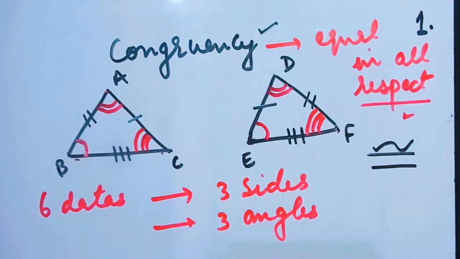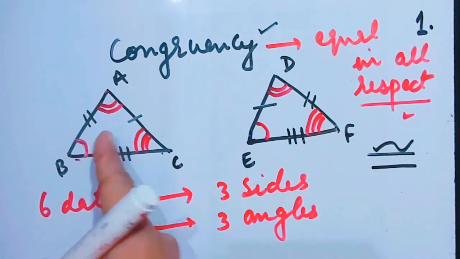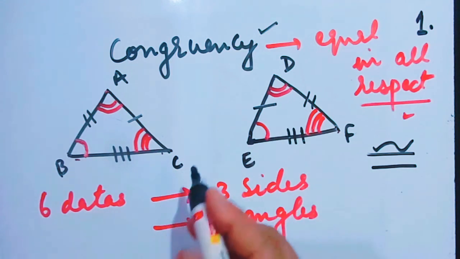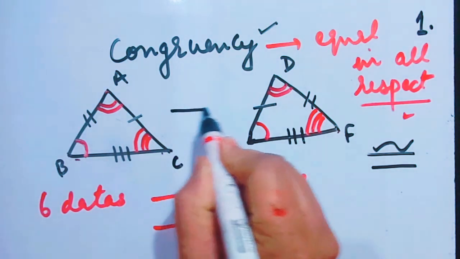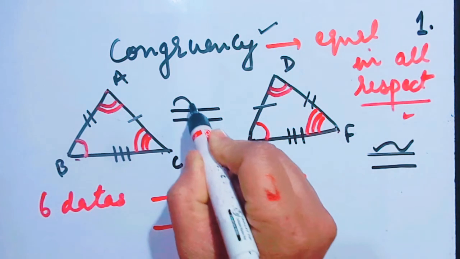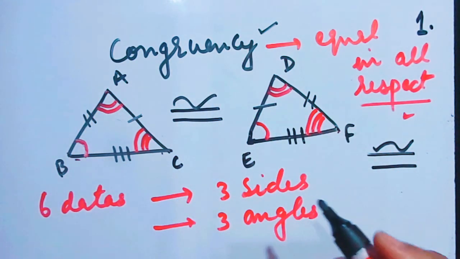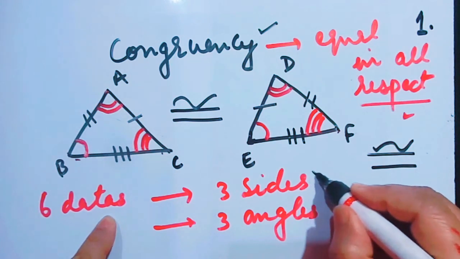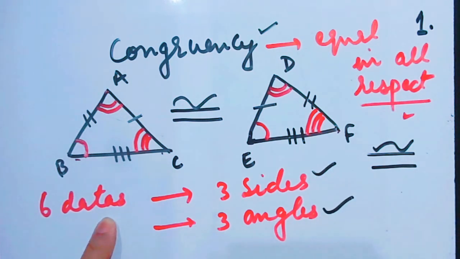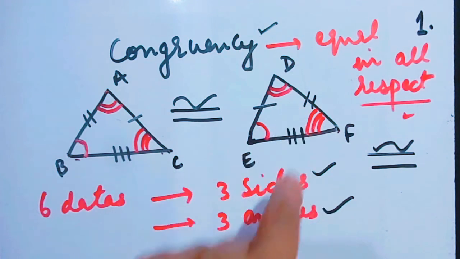This means if I need to write that these two triangles are congruent, I need to give this particular sign. One more thing over here, that we have 6 data, 3 sides and 3 angles. Until and unless 3 sides and 3 angles are given, you cannot say that these two triangles are congruent.